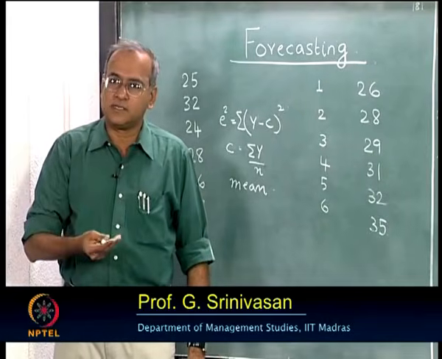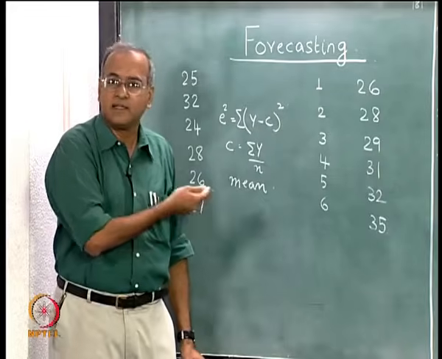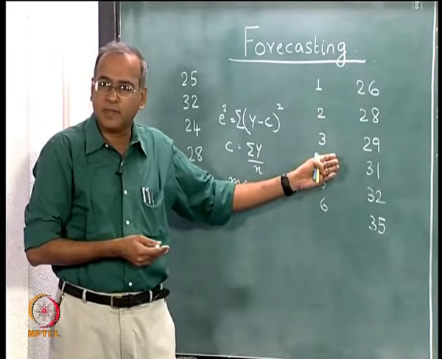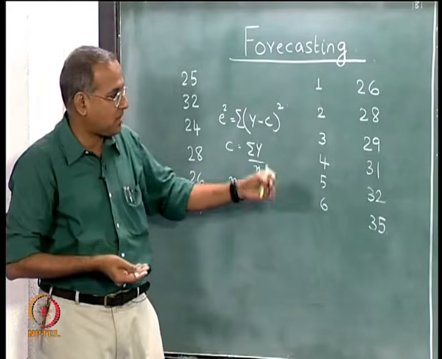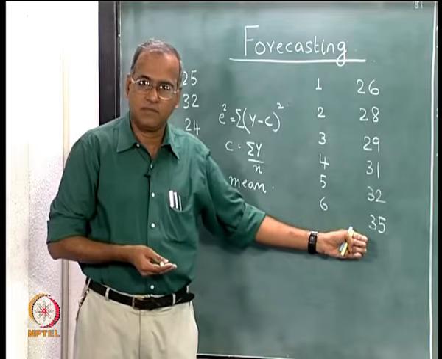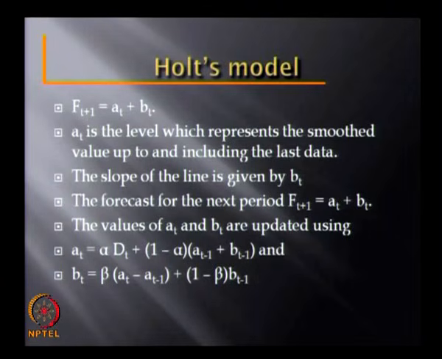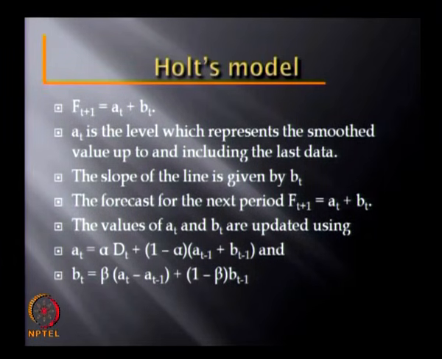We will now discuss the Holt's model, which does exactly that. It considers all the data points, it uses ideas from exponential smoothing, and it gives progressively more weights towards recent points. In the Holt's model, we fit F t plus 1 is equal to a t plus b t.